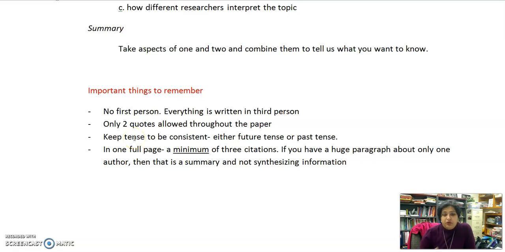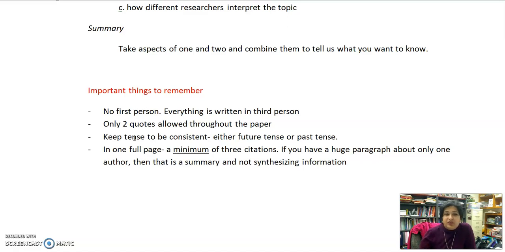Your full paper, from the cover page to the end, will be about 8 pages, including the references. So 5 to 7 pages of your literature review, and then 1 cover page and 1 reference page, right?